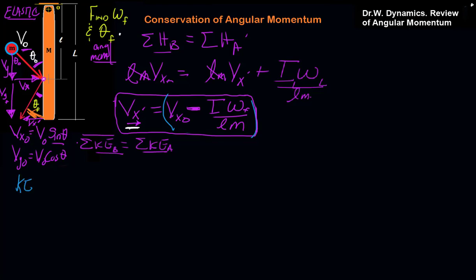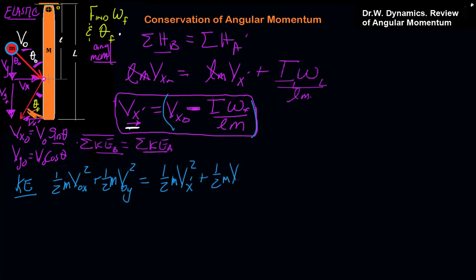Our kinetic energy equation will be 1/2 m V0x squared plus 1/2 m V0y squared as the before energy. And then after, we'll have 1/2 m Vx squared, where that's the prime after, plus 1/2 m Vy squared plus 1/2 I omega squared, where that's the I of the bar, and the I of the bar is 1/3 m L squared.